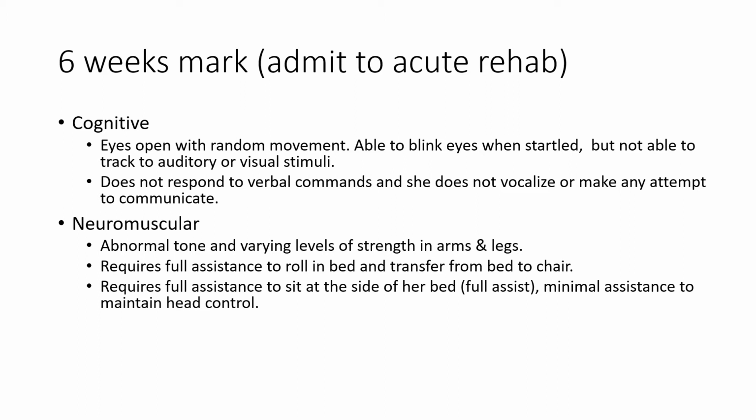And that leads a little bit more to an appreciation of, at this stage where cognitively and neuromuscularly there is a compromise that is still distinct, well, why do we make the effort to help her with sitting up in a full assist transfer in the first place? And that answer would be a multitude of different things.